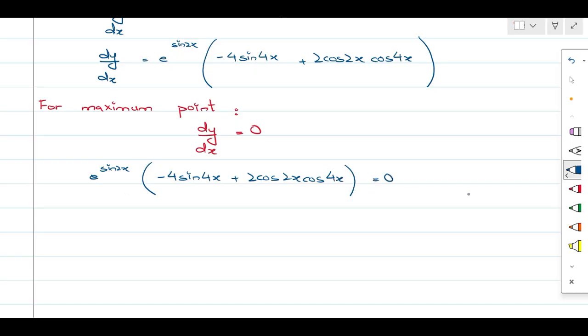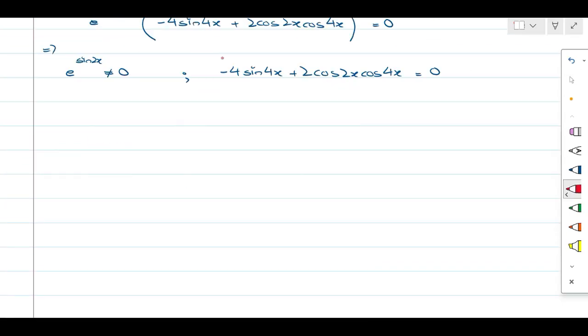The exponential can never be equal to 0. This implies e to the power sine 2x is never equal to 0, but minus 4 sine 4x plus 2 cos 2x cos 4x should be equal to 0. Now let me open the formulas for sine 4x and cos 4x. Sine 2x is 2 sine x cos x, right?